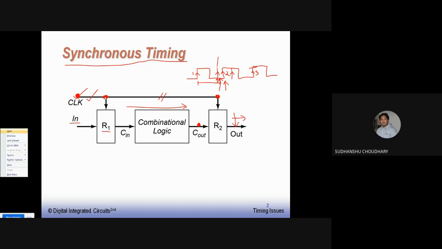Register 2 is far from the clock, so the clock has to cover this much distance. The clock has to be connected by some interconnect wire to register 2, and that interconnect wire will have some RC delay. So the delay from here to here and the delay from here to here are different.